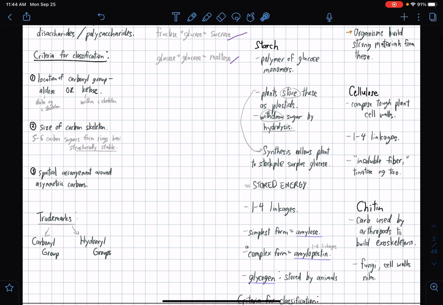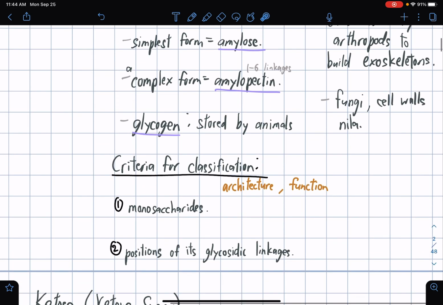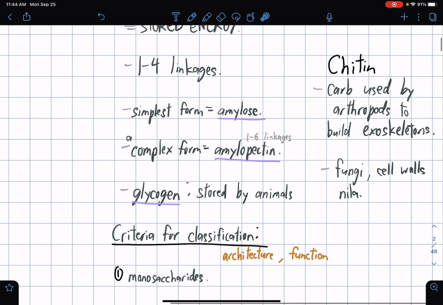If starch is for the food storage of plants, glycogen is the food storage for animals. Criteria for classification: the monosaccharides present in the polysaccharide structure and the position of its glycosidic linkages.